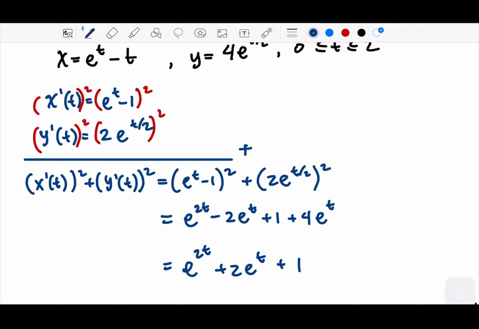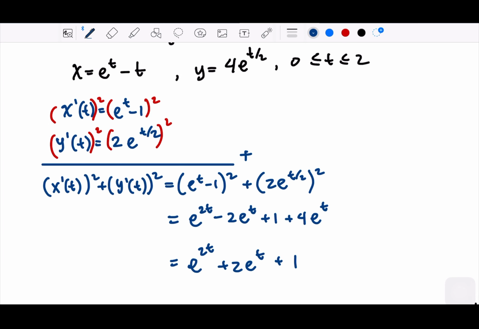And as I mentioned, whenever you deal with the arc length or surface area that requires the square root, what you need to do is observe the equation. Can you make a squared form from this part? So you can get e t, and it has 2. Perhaps this is a quadratic, right? Quadratic formula. And yes, we can make the squared form.